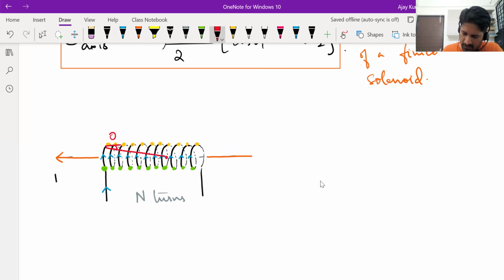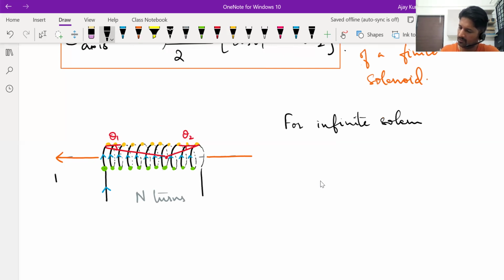This angle is theta 1, and connect the point to the right end of the solenoid. This angle is theta 2. If the solenoid is infinitely long, what will theta 1 and theta 2 tend to become? Zeros.